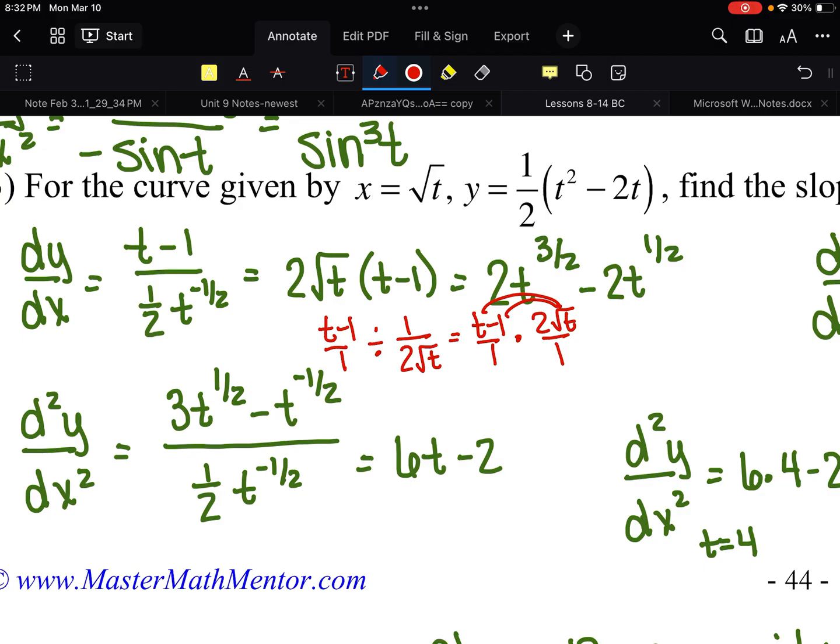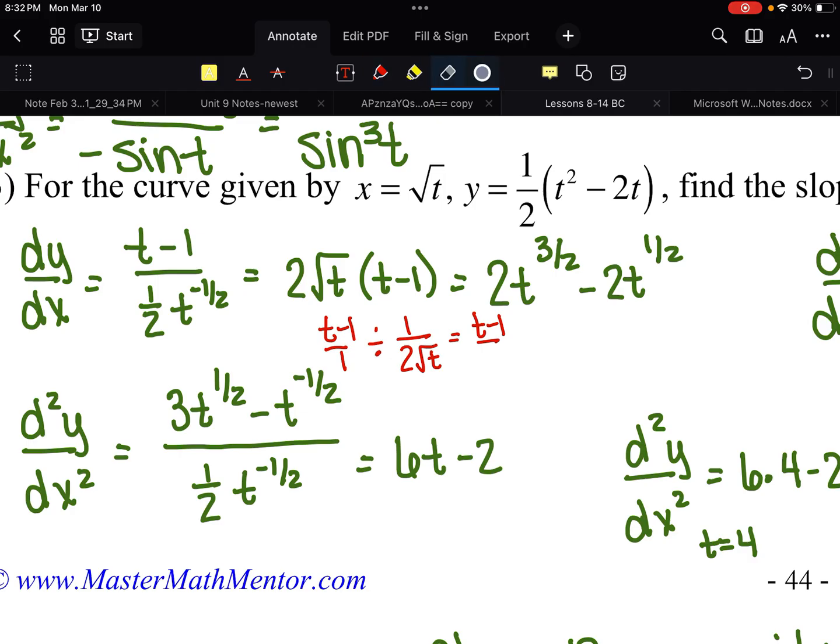So that's t to the first power times t to the 1/2 power. Add the exponents, that's where 3/2 comes from. And then distribute the 2 square root of t to the negative 1. So there's your first derivative.